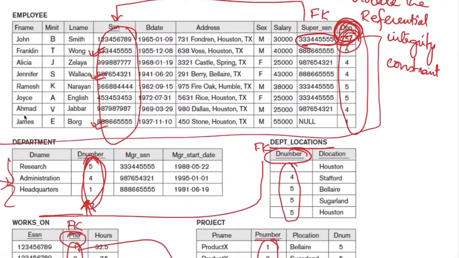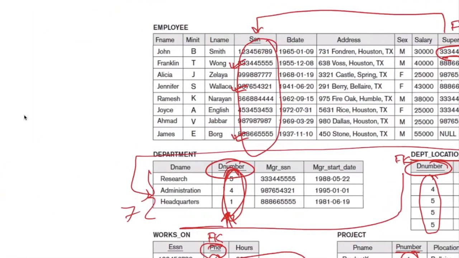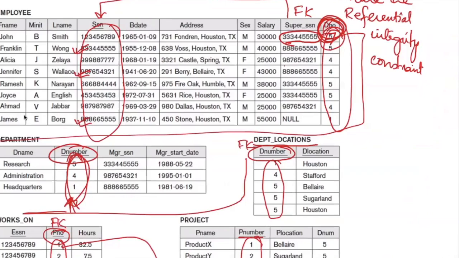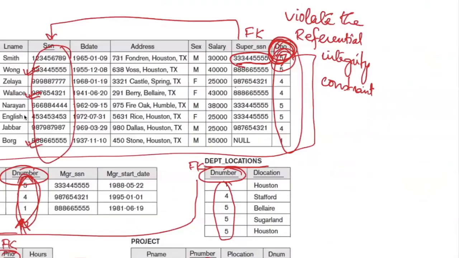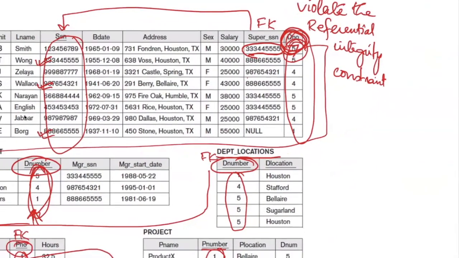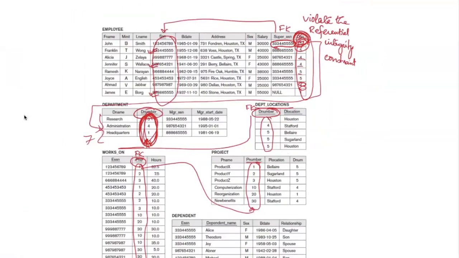It is referring to the number of department. So whenever I have a value for department DNO in the employee table, all these values must come from this particular set. It must refer to an existing tuple. So I cannot have a department number here called 8 because 8 does not exist here. It does not refer to a tuple in the department relation. So that is your referential integrity constraint.